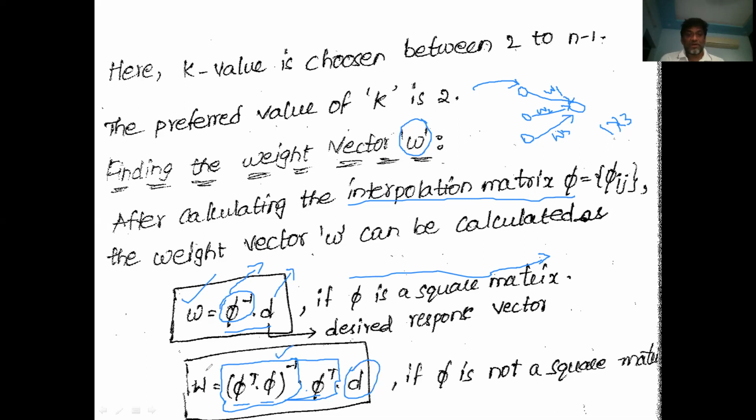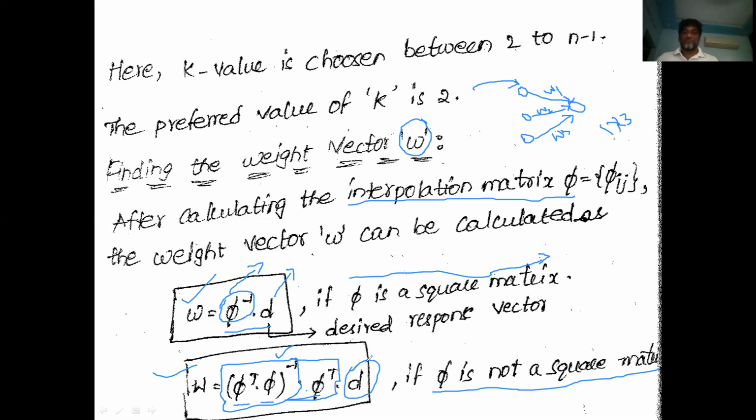This is the formula we use to calculate the weight vector when the interpolation matrix is not a square matrix. If it is a square matrix, you can directly use W equals phi inverse into D. Otherwise, you should use W equals the inverse of phi power T into phi, times phi power T, into D, that is the desired response.